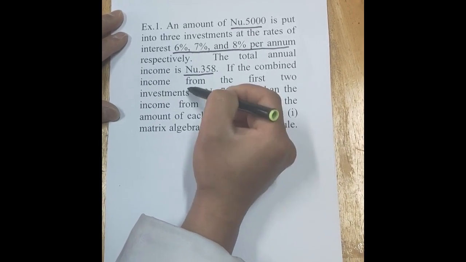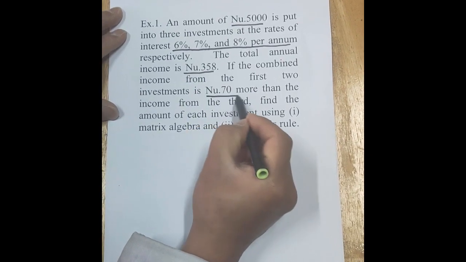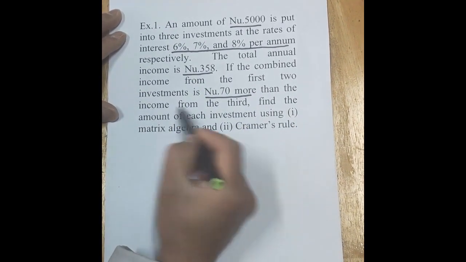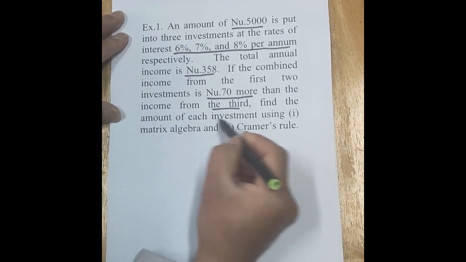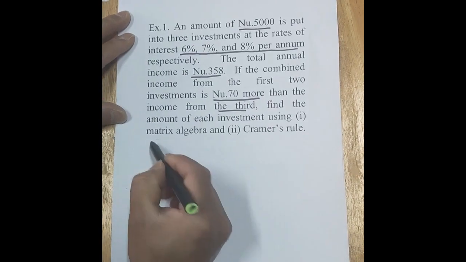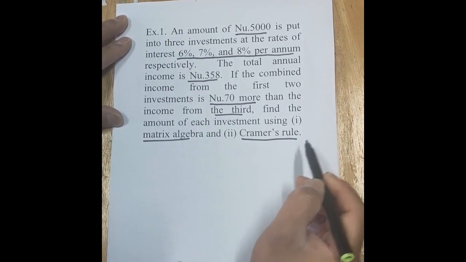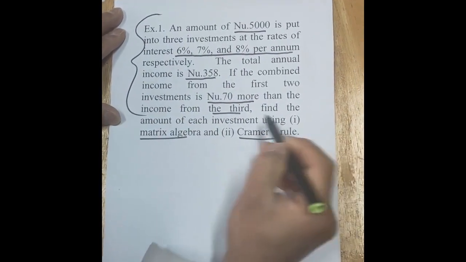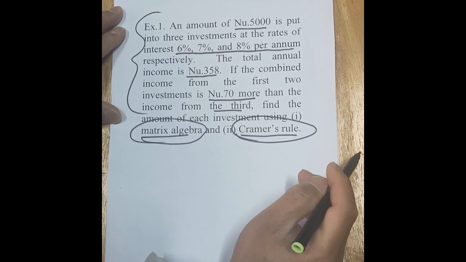If the combined income from the first 2 investments is Nu 70 more than the income from the third, find the amount of each investment using matrix algebra and using Cramer's rule. So here we're asked to solve this problem using both methods: first using the matrix method and second using Cramer's rule.